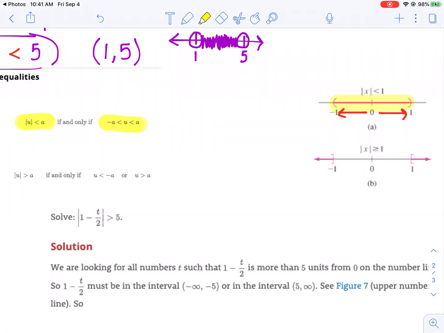Versus the next case is if the absolute value of u is greater than a. That will give you two cases. It means u will be less than negative a, or u will be greater than a. So let's look at this example. It's saying the absolute value of x is greater than or equal to 1.